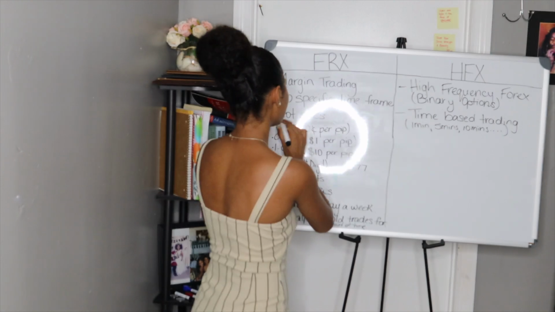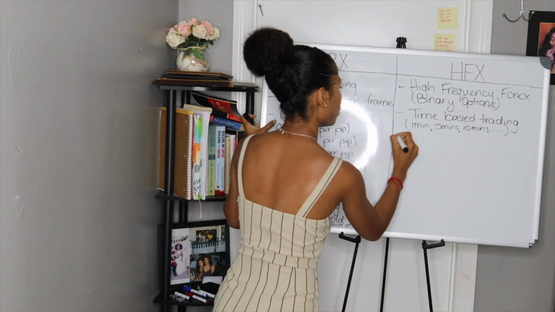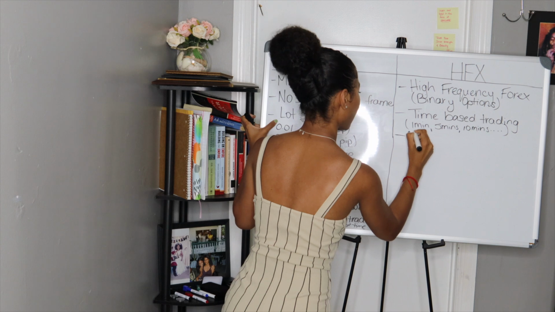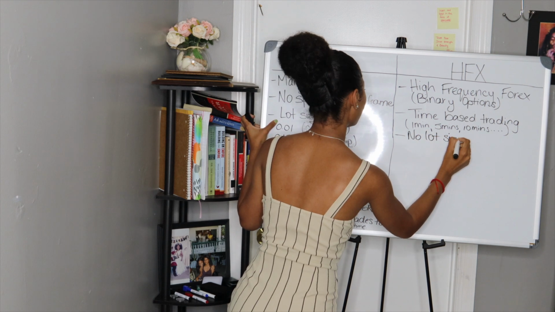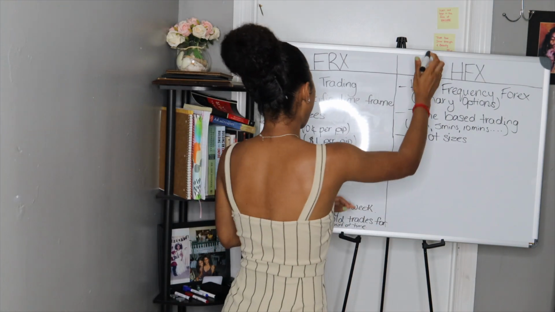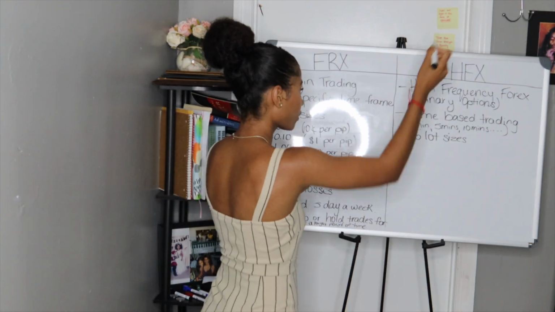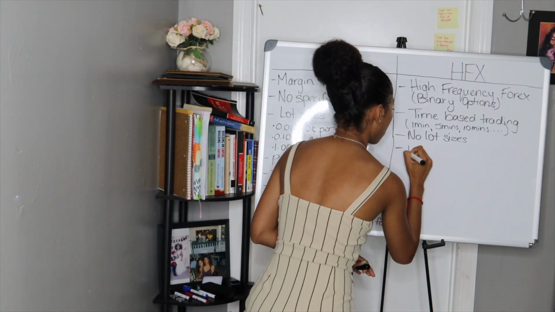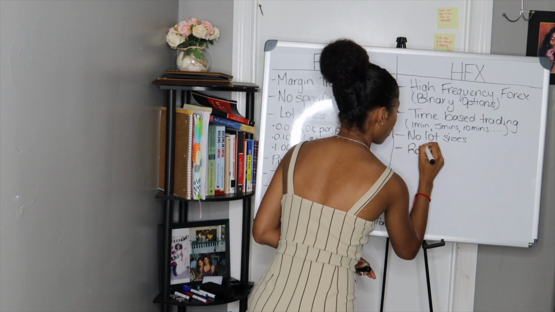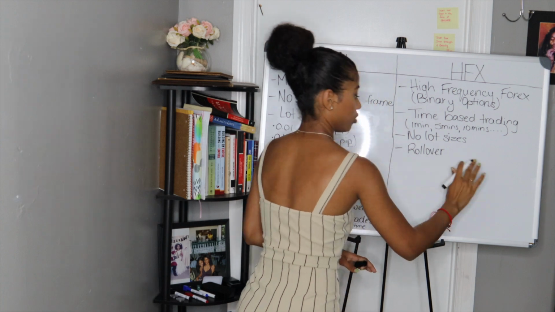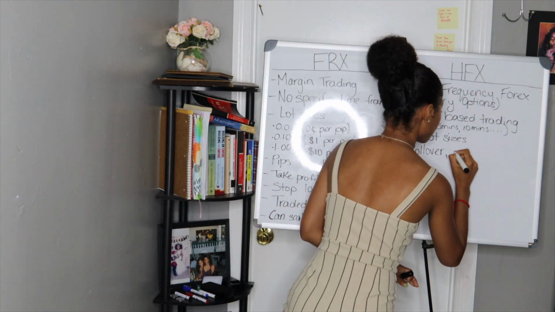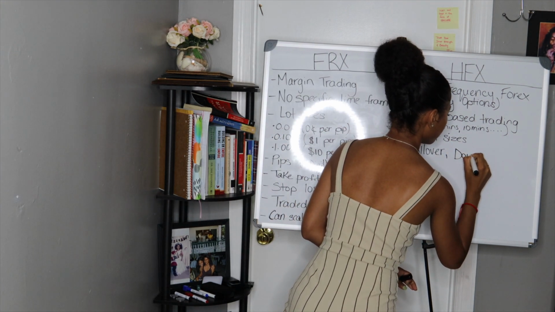Now HFX does not have lot sizes, so no lot size. You don't have to worry about no lot sizes. So just to add this in here, HFX has something called roll overs, or just roll over, and then you have something called double up.